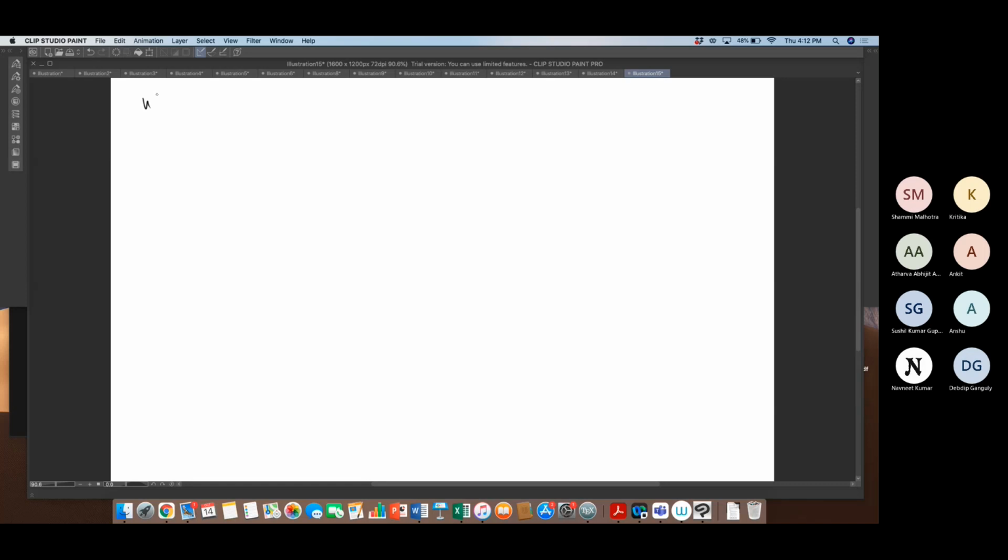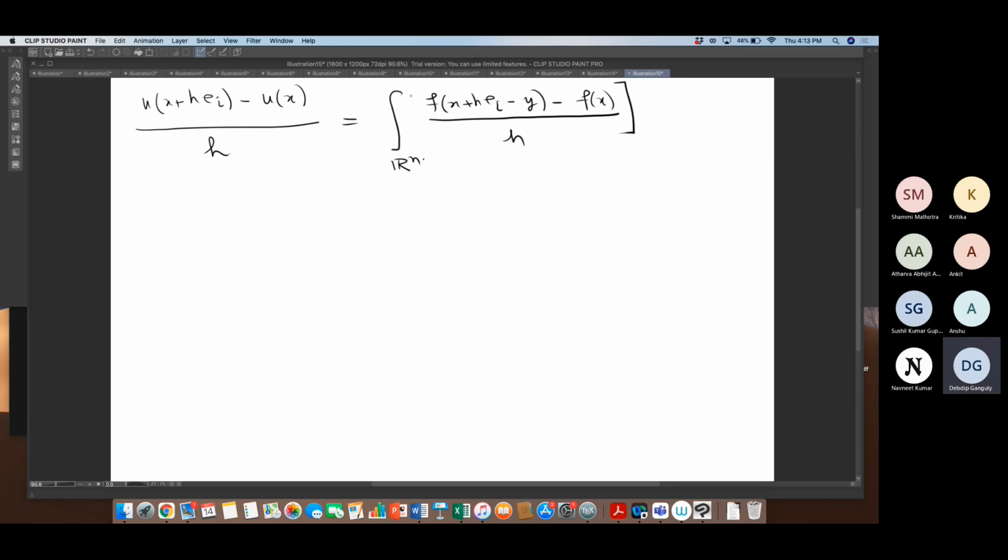Let's see: u of x plus h e_i minus u of x, divided by h. What is that? We know in convolution, I have done this many times: the integral of f of x plus h e_i minus y, minus f of x minus y, divided by h, times phi of y dy. Now tell me, as h tends to 0, why will this limit go inside?